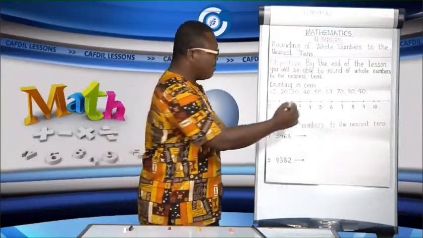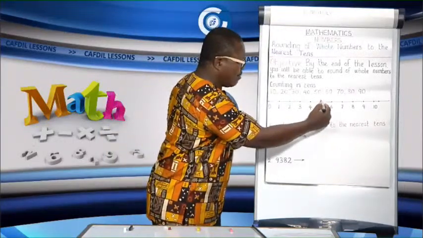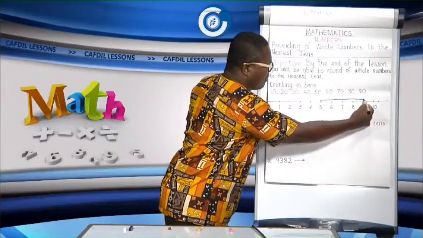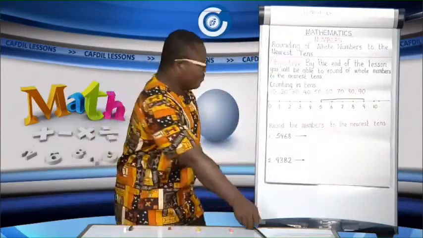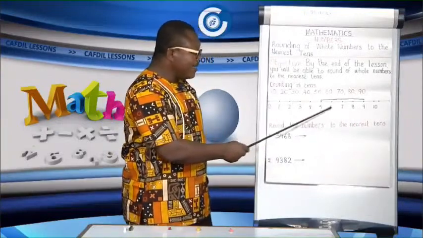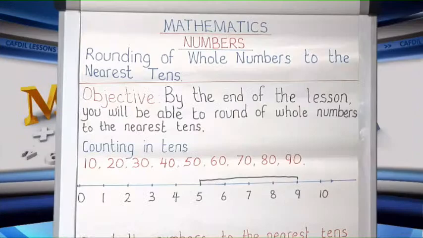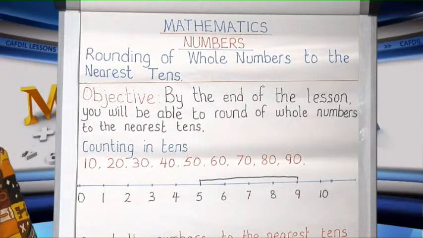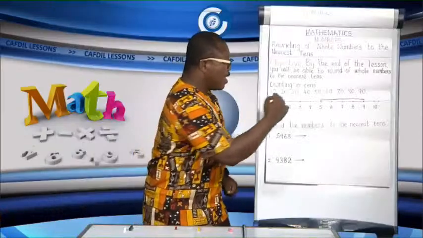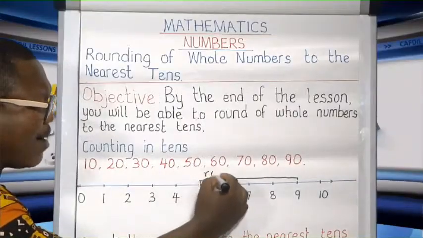And we are saying that from here, 9, 8, 7, 6, and 5. These are the numbers which are closer to 10. So here, any number here, we say we round it up.